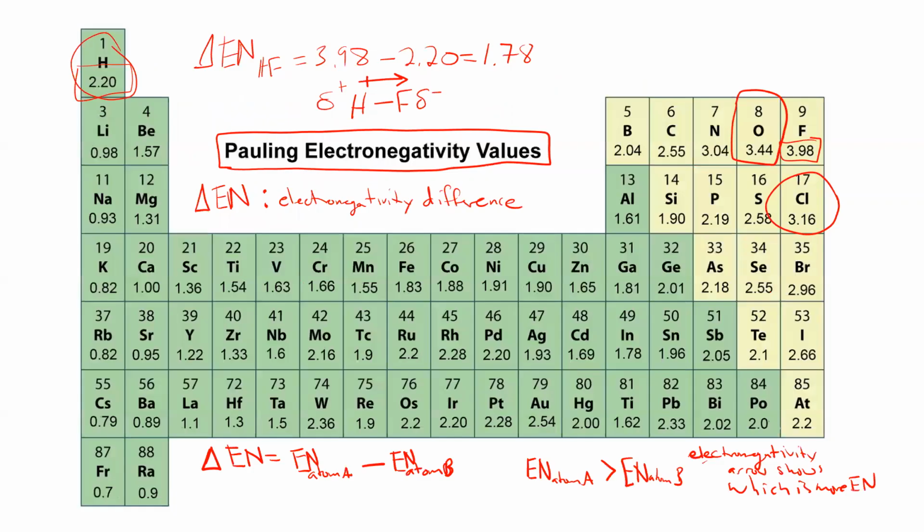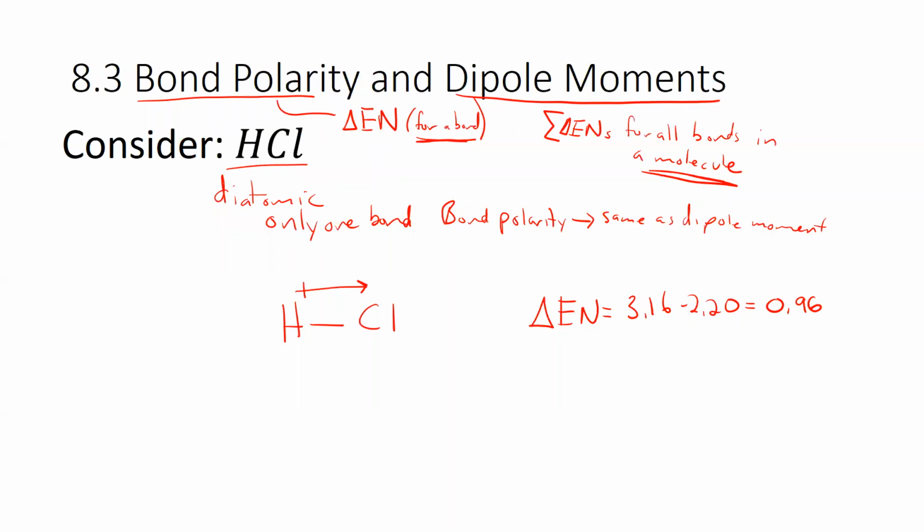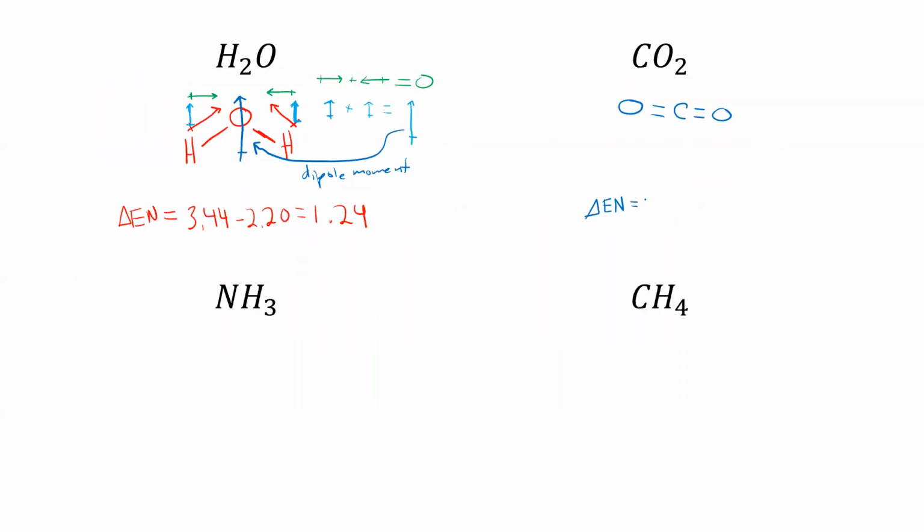So here we'll go back up to our table, and we know that our oxygen is here at 3.44. Now we have carbon, right? So 3.44 minus 2.55. Okay, so you get a value of 0.89.